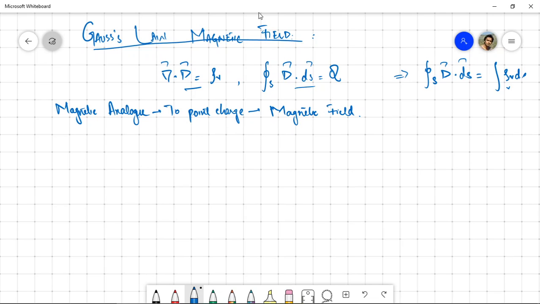We sum up all those lines, that D·dS, and we say that this is equal to the amount of charge enclosed in that surface.